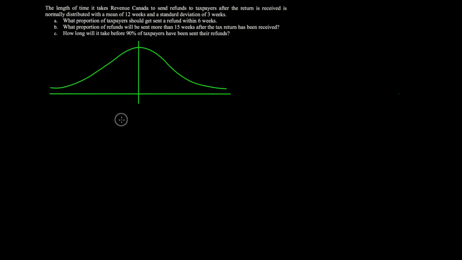All right, so we know that the mean is 12 weeks and the standard deviation is 3 weeks. And how do we know this? Well, we have this right here, which we covered, and then we know it's normally distributed, so we can use the bell-shaped curve, right?